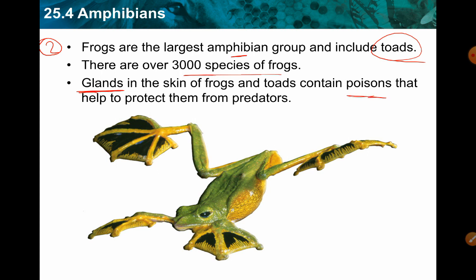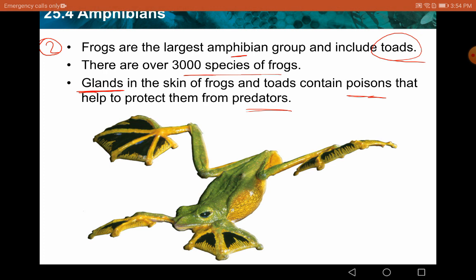Some of them are so poisonous that it helps protect them from predators. And in my opinion, most frogs that have colorful skin are considered to be poisonous types. This is the second group of amphibians, the frogs.